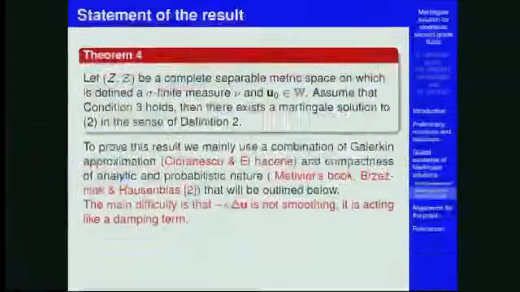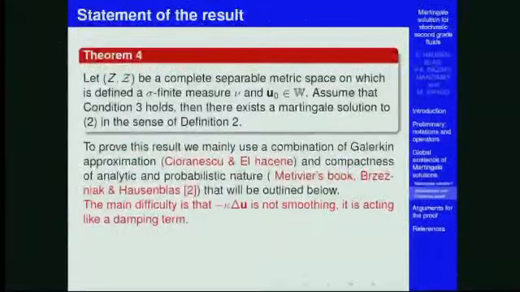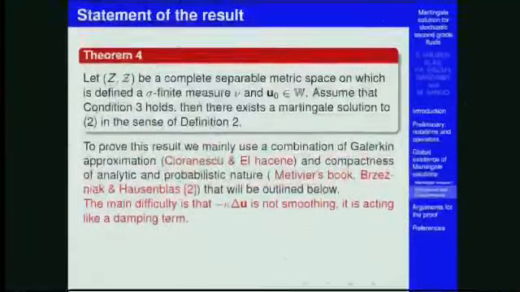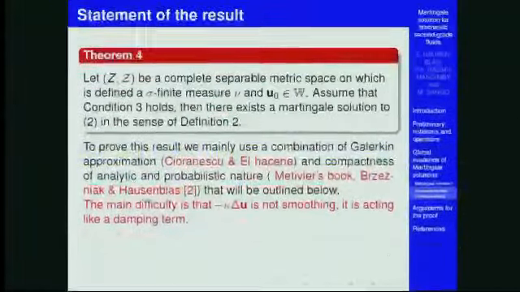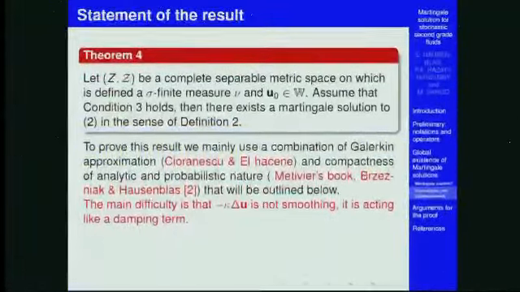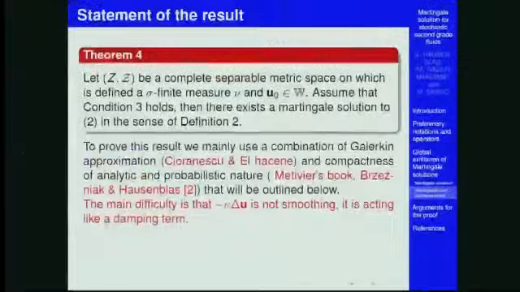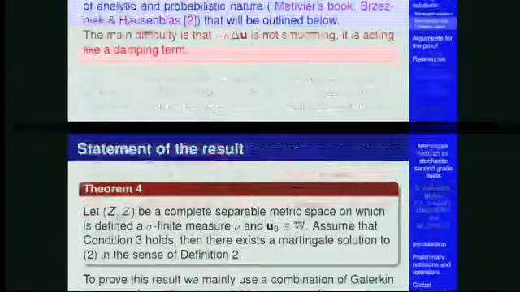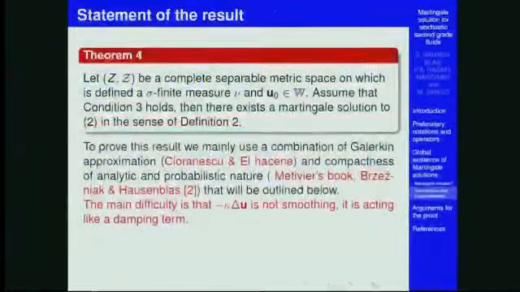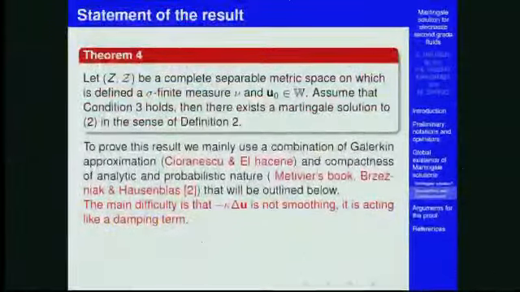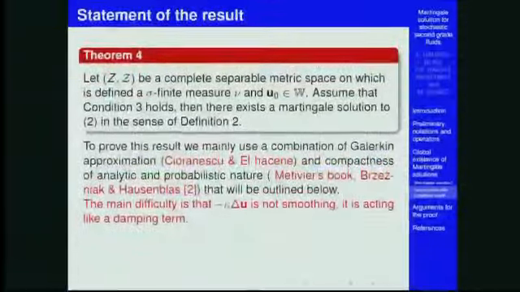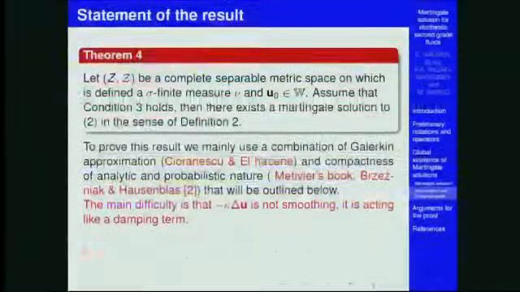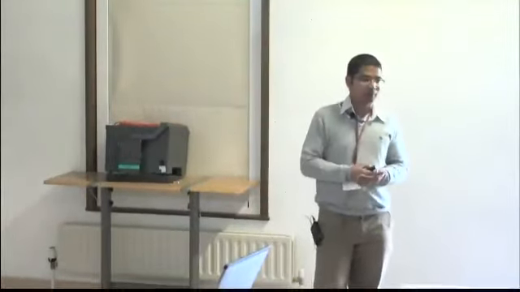Eta star is a time homogeneous Poisson random measure. U is F progressively measurable, satisfying this estimate. U is cadlag, and U satisfies the equation 2 in the weak sense, in the sense of PDEs. That is to say, it satisfies this formula.